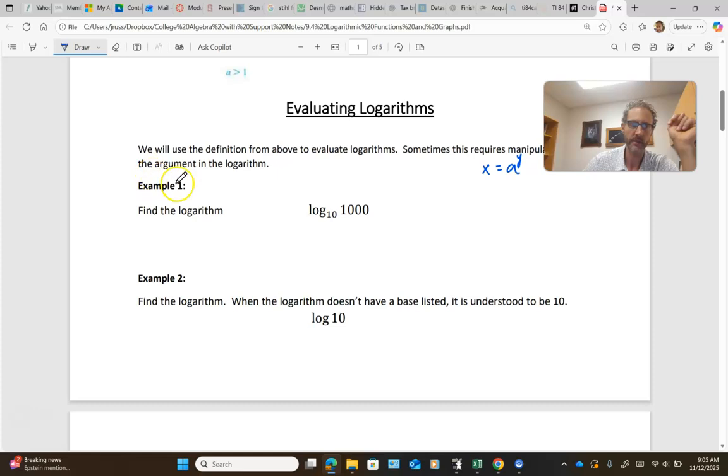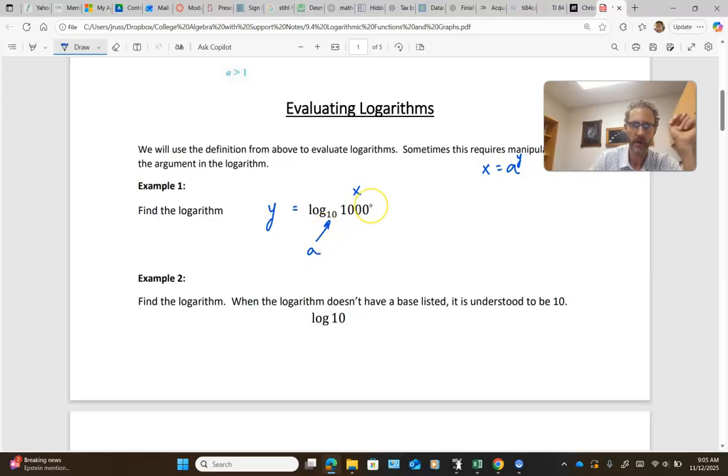Alright, so example 1, it says find the logarithm, or in other words, evaluate this, okay? So the base here is 10. That's going to be your a. Your x is the 1,000, and then this is going to equal y, or the value of your function, okay?